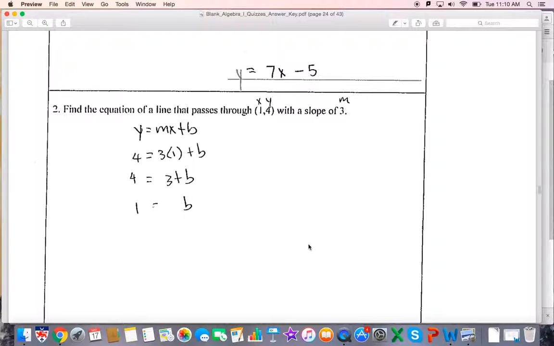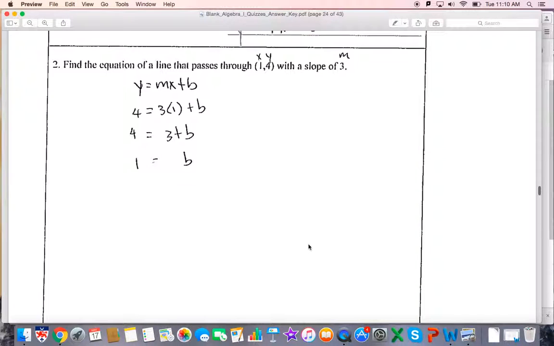Okay, now it gets slightly more challenging, of course, than just putting numbers into an equation. So now we're being asked to find the equation of a line that passes through a point with a given slope. So here we have no y-intercept given, but that's okay because we know the relationship y equals mx plus b. We have an x, we have a y, and we have an m, so we can just substitute these values into that equation and solve for b.